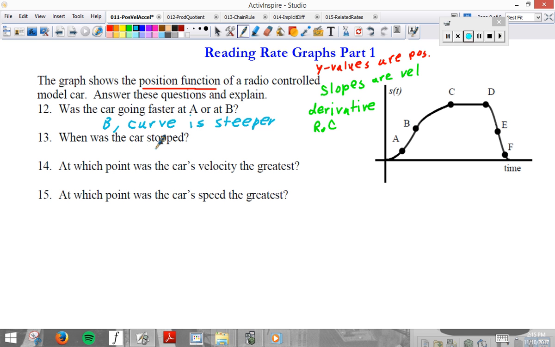When was the car stopped? Also a velocity question. How do I find the velocity? We want the velocity to be 0. So when will the velocity of this graph be 0? We're talking about between C and D. Sorry, C and D. And that's the slope, which is the velocity, equals 0.